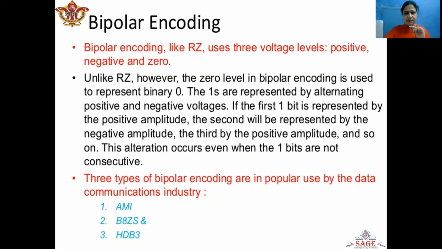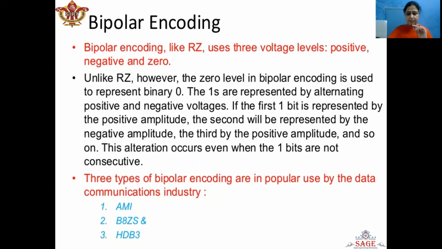If the first one bit is represented by the positive amplitude, the second will be represented by the alternate negative amplitude. Then the third binary one bit is represented by the positive amplitude, and so on. This alternation occurs even when the one bits are not consecutive.